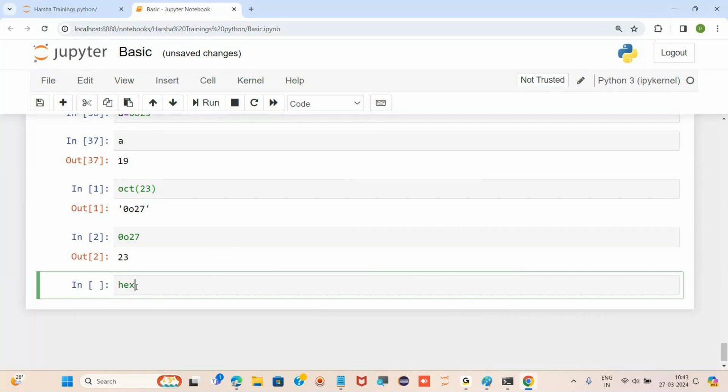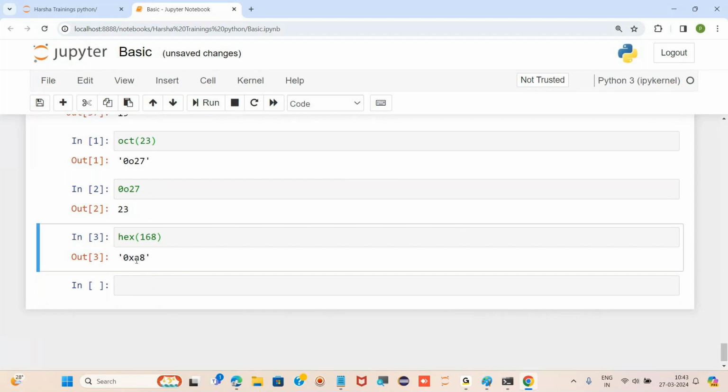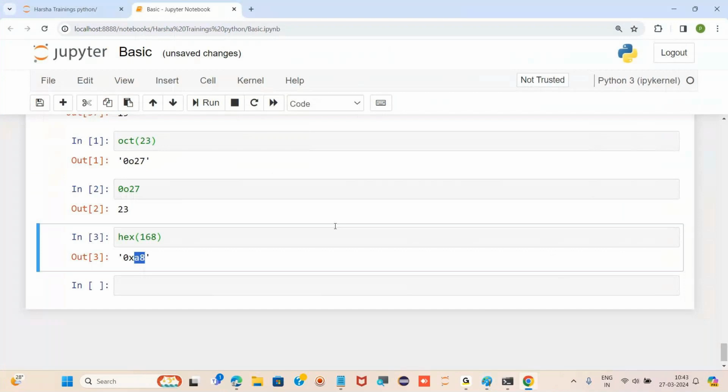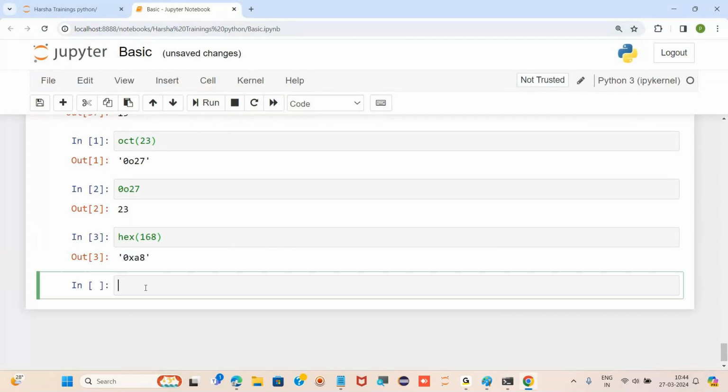Likewise, let's suppose we are trying to convert 168 into hexadecimal, that is nothing but 0xa8. We were also getting the same a8. Now I'll try to convert this same thing into decimal, and we are getting 168.